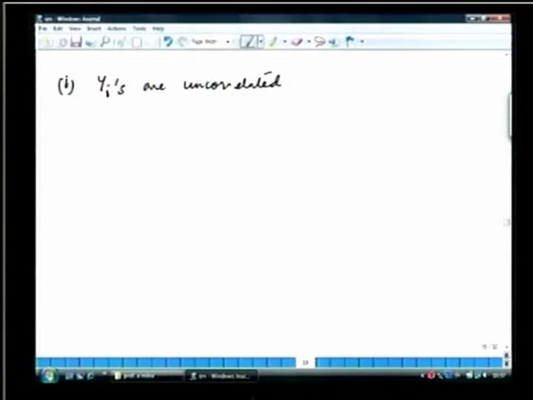But the new variables yi's, through which we are going to explain the total variability, have to be uncorrelated, that is, the covariance between yi and yj is equal to 0 for every i not equal to j. This is the first point.